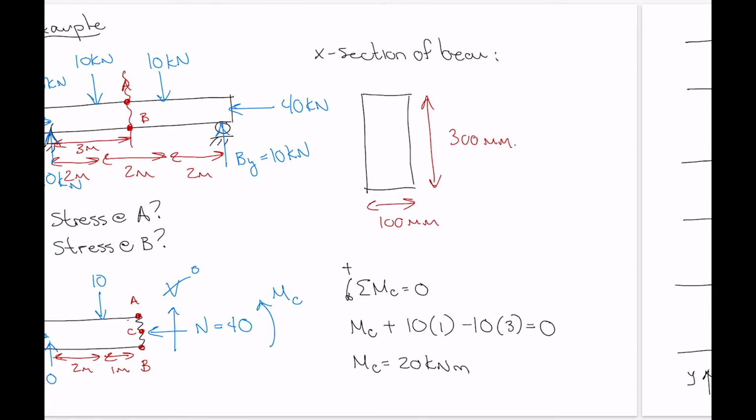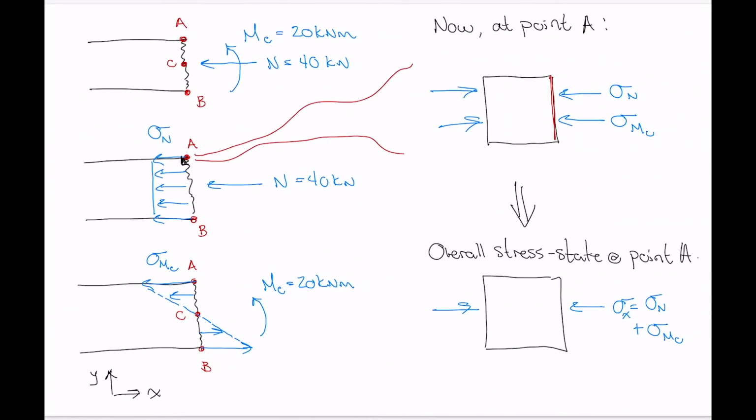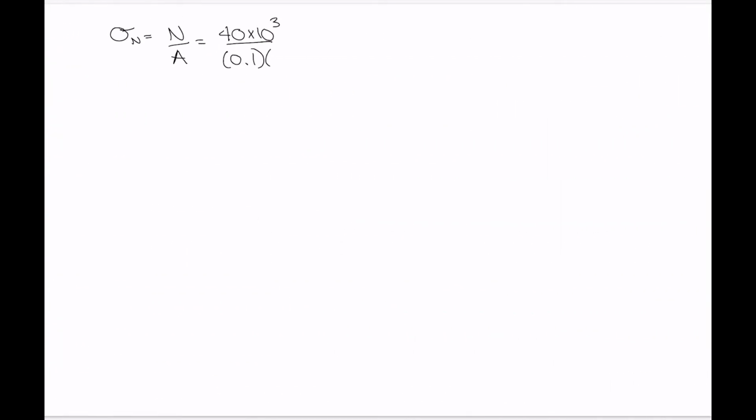Yeah, 100 millimeters there and 300 millimeters in height. So let's put that in, 0.3. And what does that give us? That gives us 1.3 megapascals.